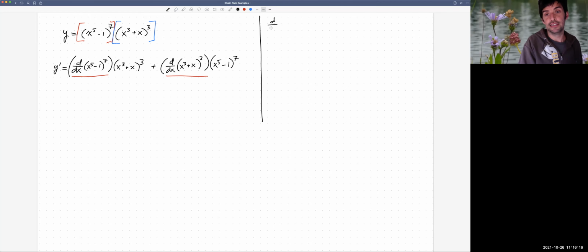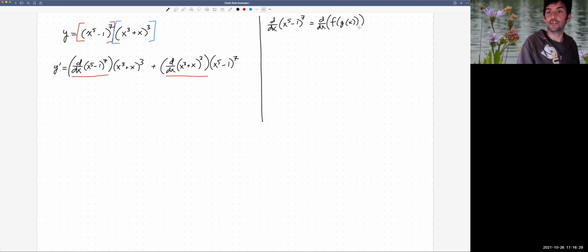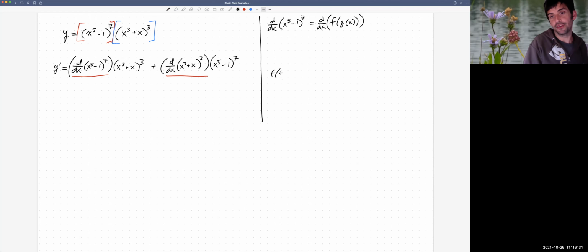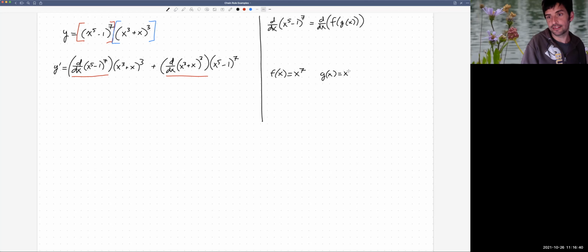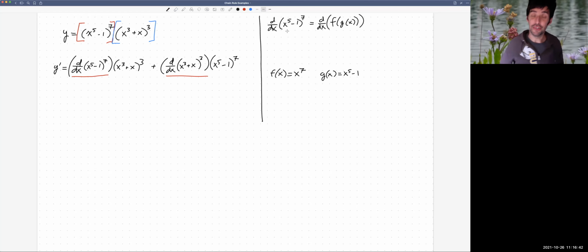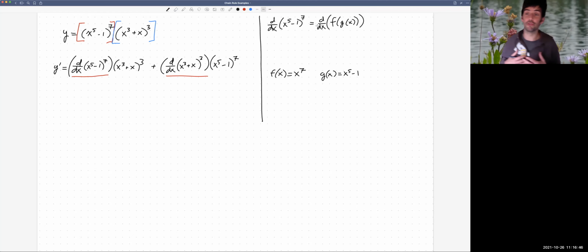If I have d dx of x to the 5th minus 1 to the 7th, this is going to be the derivative of f of g of x, or at least I'm hoping to. So let's see if we can get the right functions. If I have f as x to the 7th and g is x to the 5th minus 1, then you can see that this thing here is f composed with g, right?